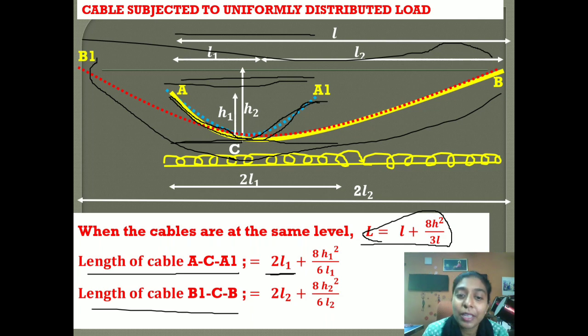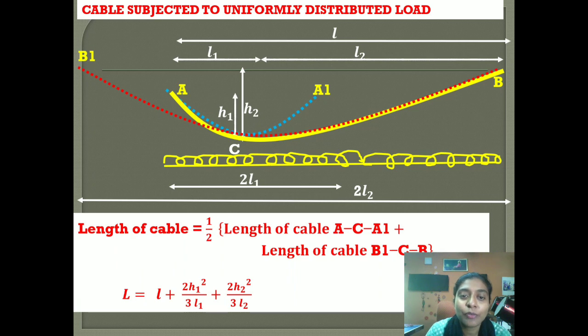If B1 and B are at the same level, we know the length of the cable B1CB is equal to, instead of L we substitute 2L2 and instead of H we substitute H2. We get 2L2 plus 8H2 square by 6L2.